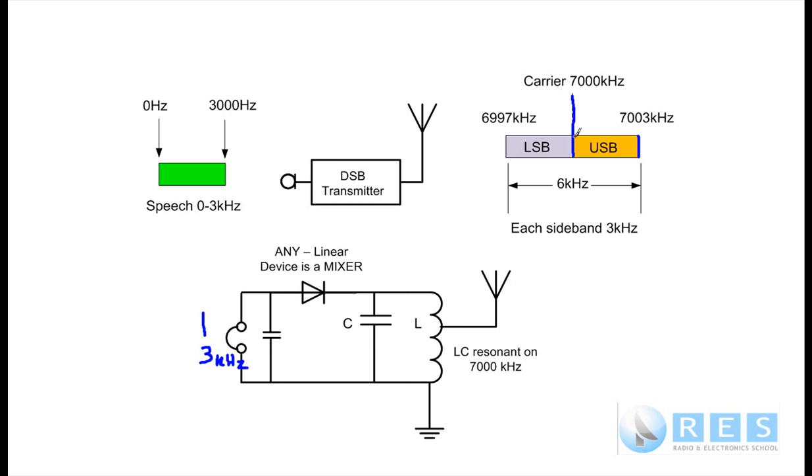The difference between the carrier and, say, 100 hertz into the upper sideband will be about here. Maybe almost 0 kilohertz. Almost, not quite.